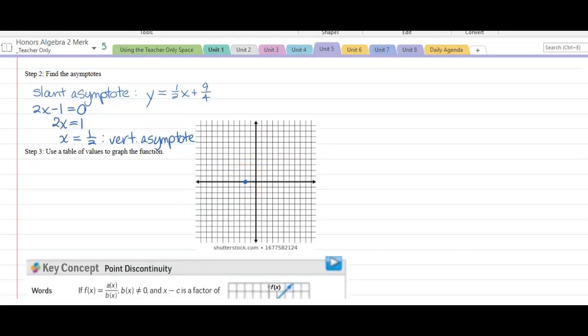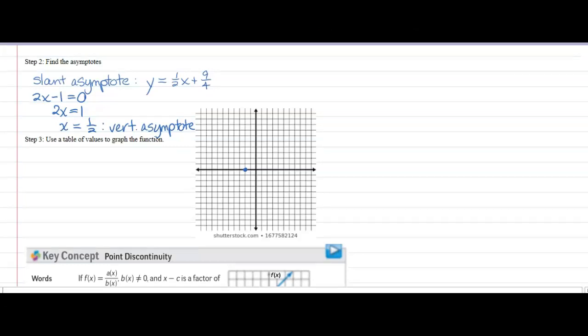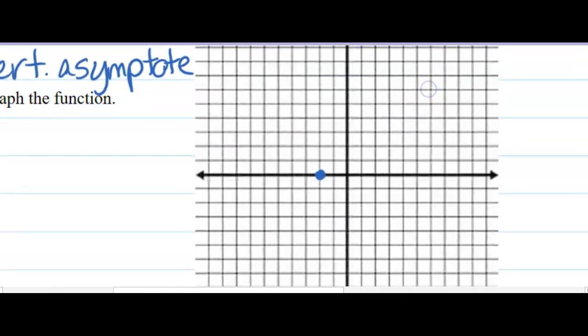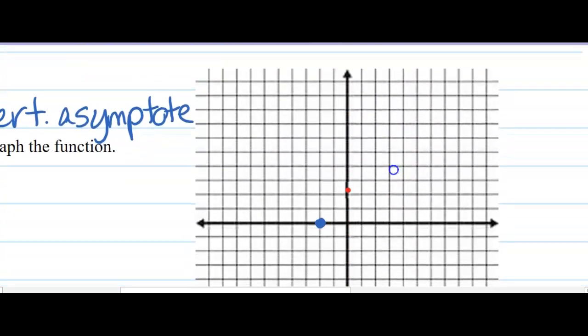Let's go ahead and draw in our asymptotes. We have a slant asymptote which starts at 2 1/4. I know fractions aren't the nicest, so we go up 1 over 2.